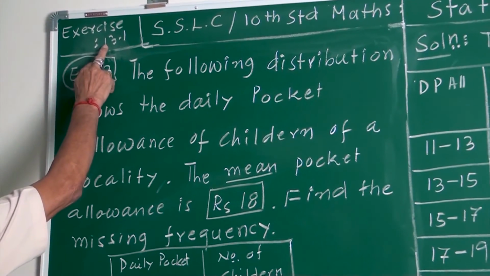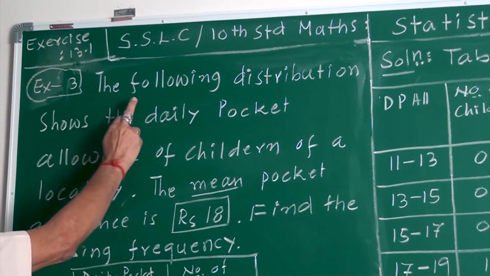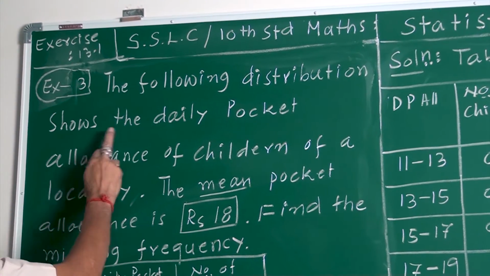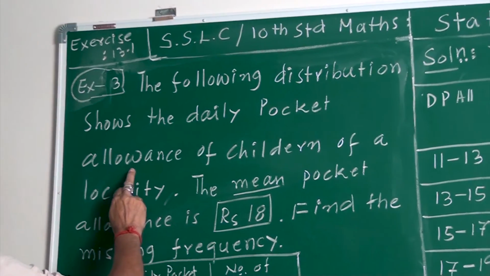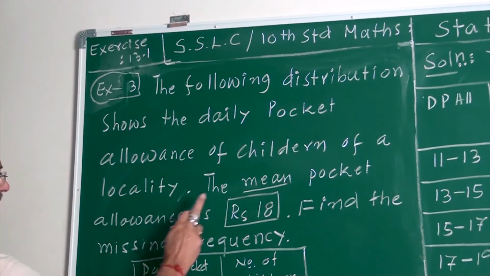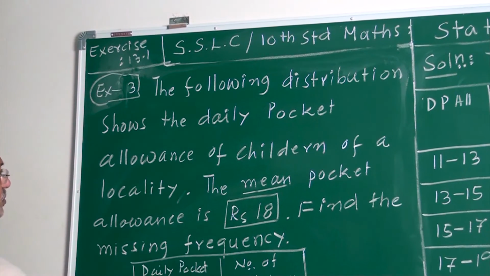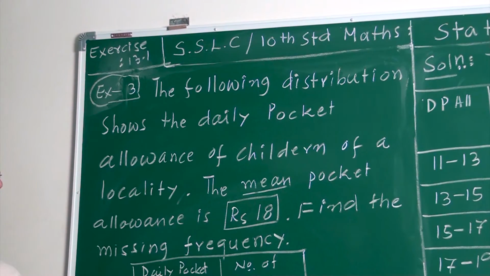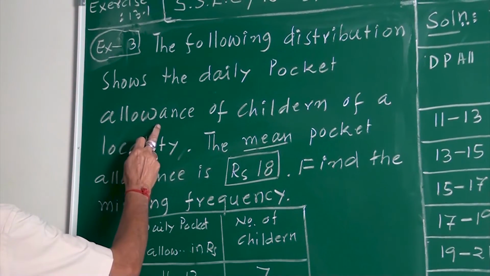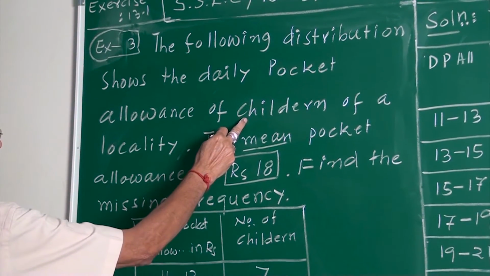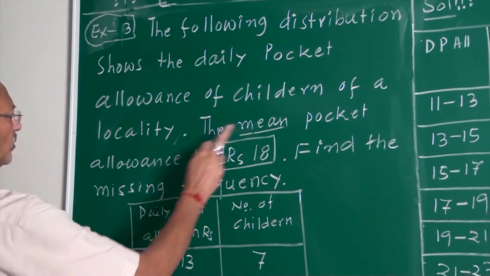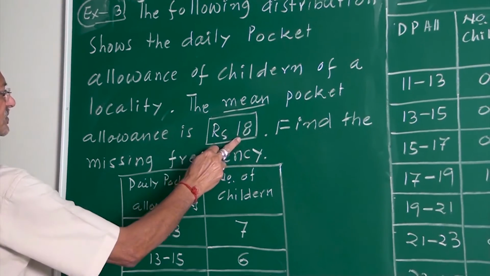The statement is: the following distribution shows the daily pocket allowance of the children of a locality. The mean pocket allowance is given, it is rupees 18.